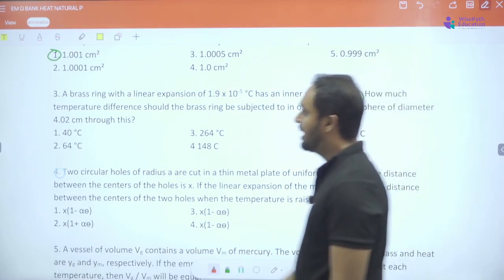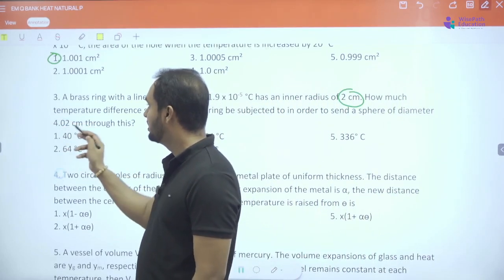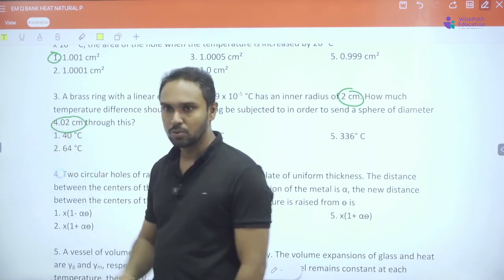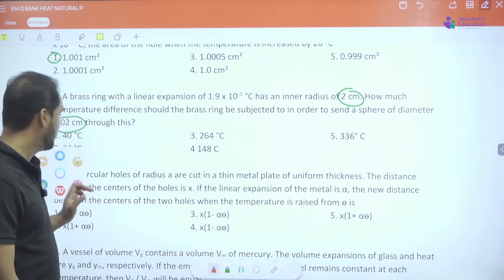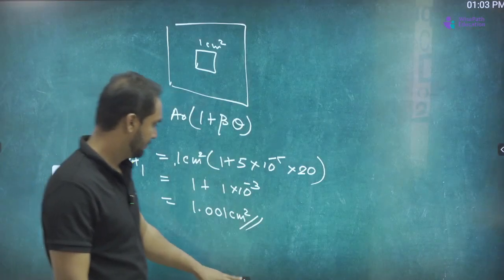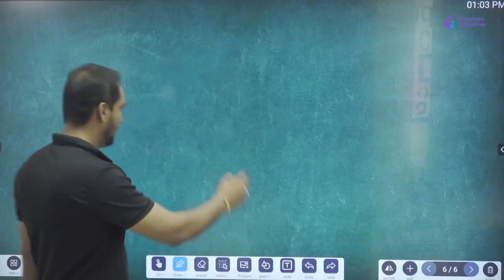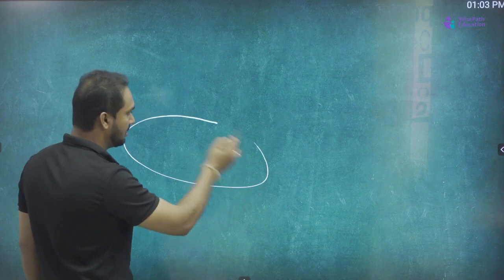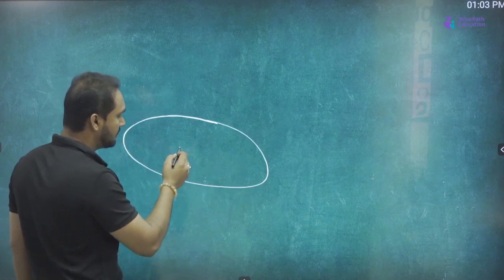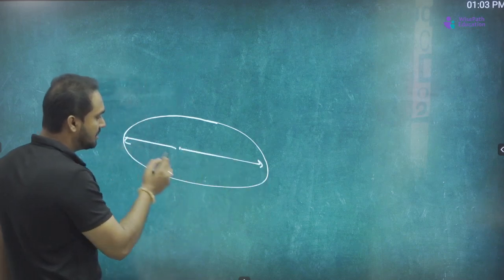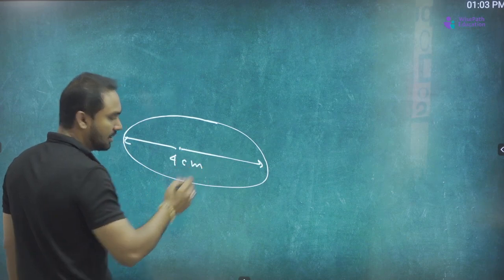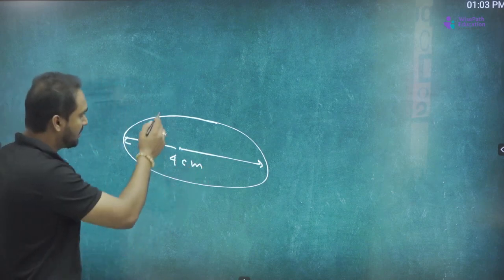So the sphere has a diameter of 4.02, right? So what do you have to do here? There's a brass ring, radius is 2 centimeters, that means the diameter is 4 centimeters. Get it? That's a brass ring.